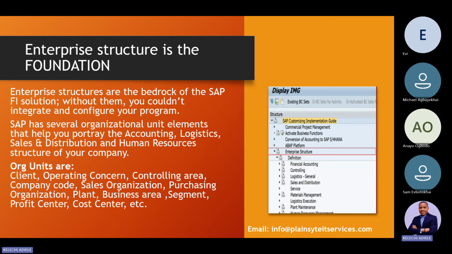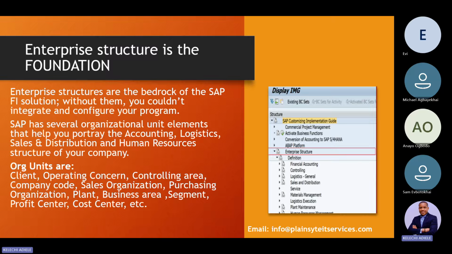Organizational units are client, operating concern, controlling area, company codes, sales organization, purchasing. All these are what we call organizational objects. They are the foundation of configuration. And whatever module you're doing in SAP, they all start with enterprise structure.